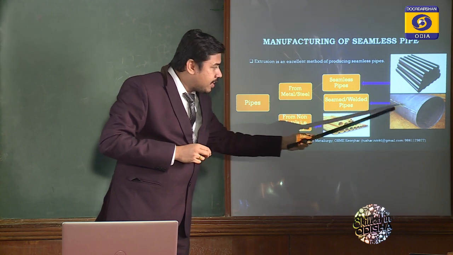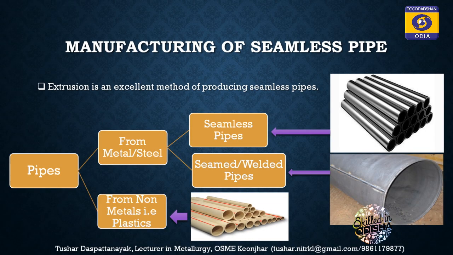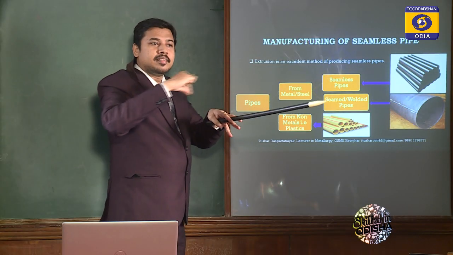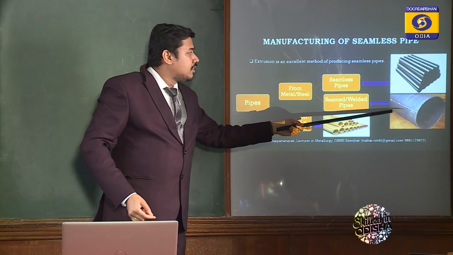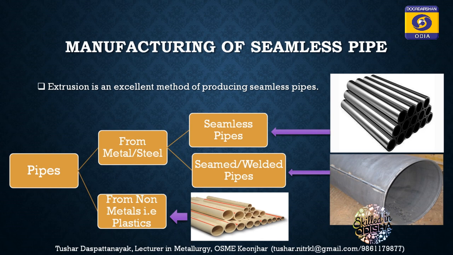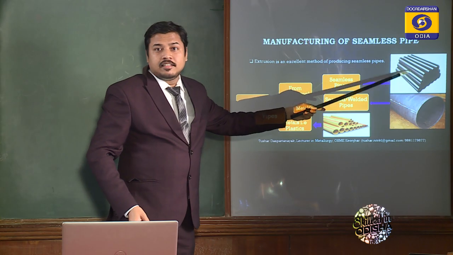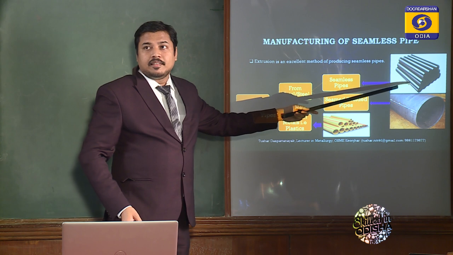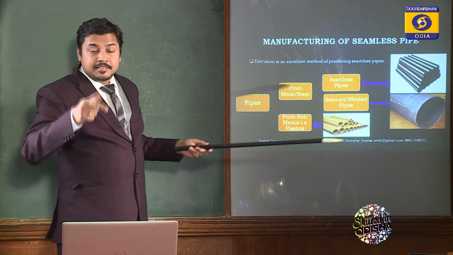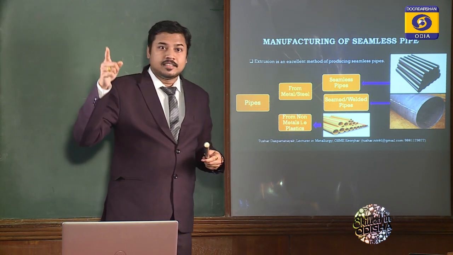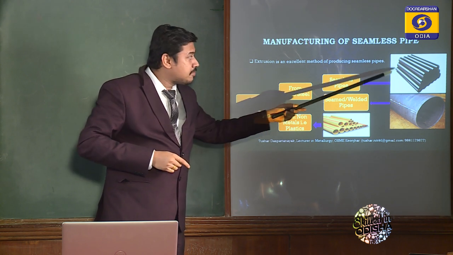This is a welded pipe. We take a flat sheet, bend it, join it and weld it. You get a seam. That is a seamed pipe or welded pipe. However, these are seamless pipes, like you use in our curtains.